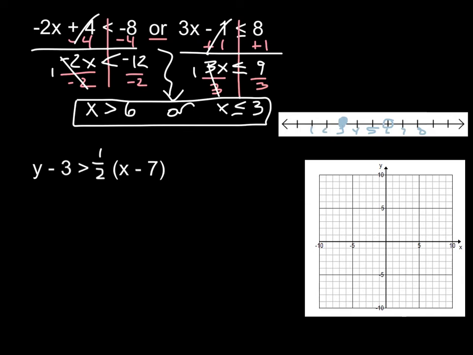So this is an or situation, so one thing or the other thing has to be true for x. So where is x greater than 6? Well, x is greater than 6 this direction, so 7, 8, 9, etc. And where is x less than or equal to 3? Well, x is less than or equal to 3 in this direction.